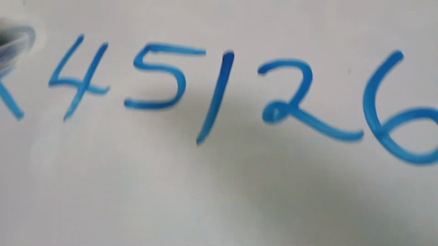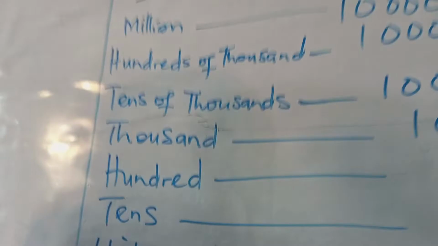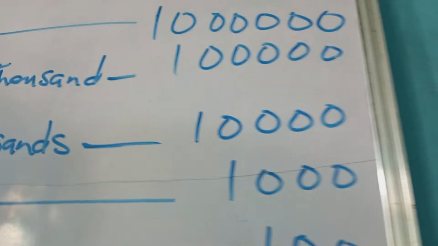Let's count this. 1, 2, 3, 4, 5, 6. Let's count the one over there. This is 100,000. 1, 2, 3, 4, 5, 6. Have you seen that? So your hundreds of thousands must have a total of 6 digits.